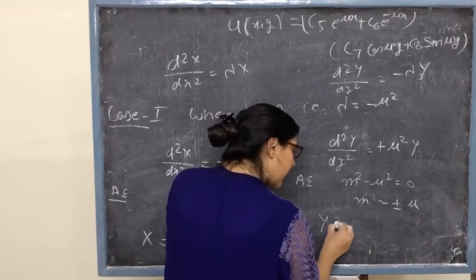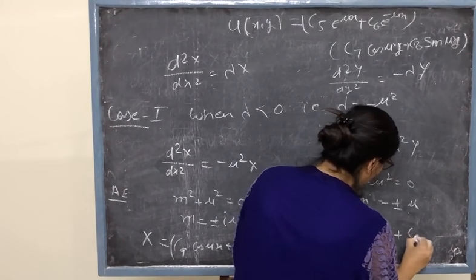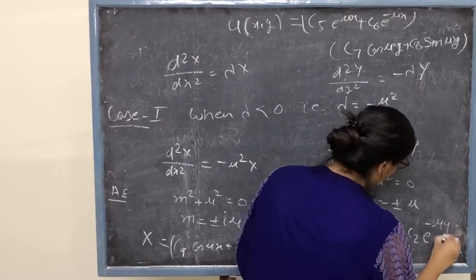The solution will be Y = c11 e^(μy) + c12 e^(-μy).